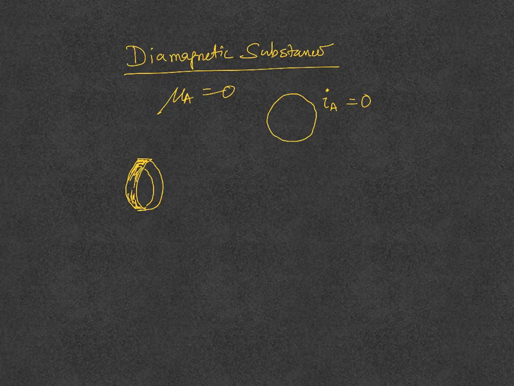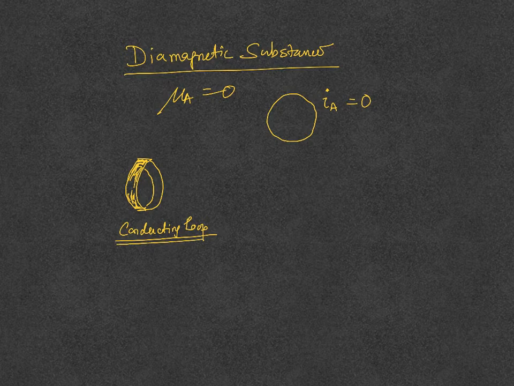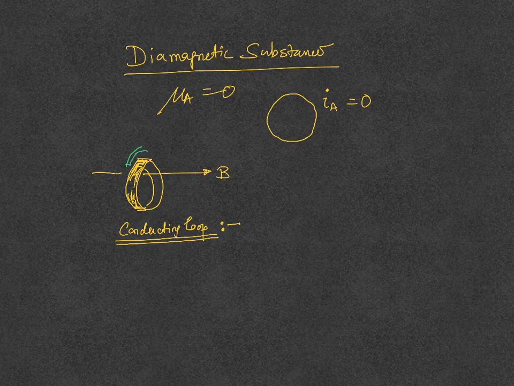So if you have a conducting loop this way, it will oppose any change in magnetic flux through this closed coil. So if you send in a magnetic field, then it will make current flow in the opposite direction.